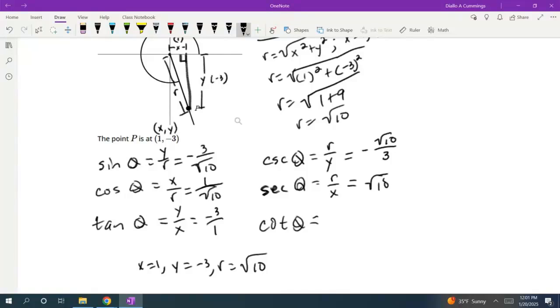So that's going to give us the square root of 10. The formula for the cotangent is x over y. And that should give us negative 1/3. You'll notice in these solutions, I did not rationalize the denominator simply because the XYZ homework platform will accept radicals in the denominator.